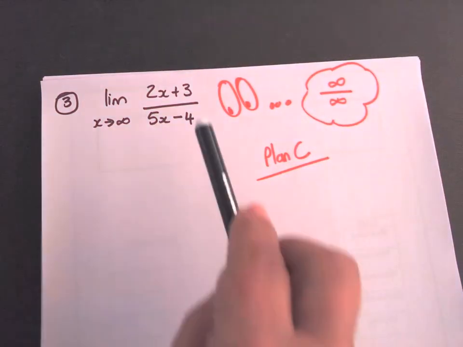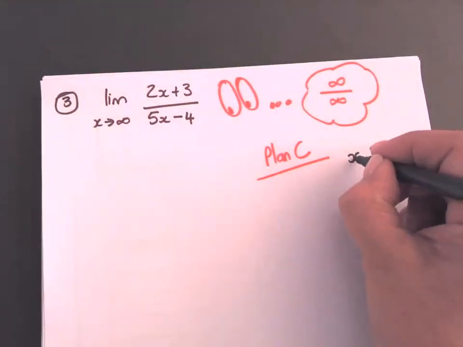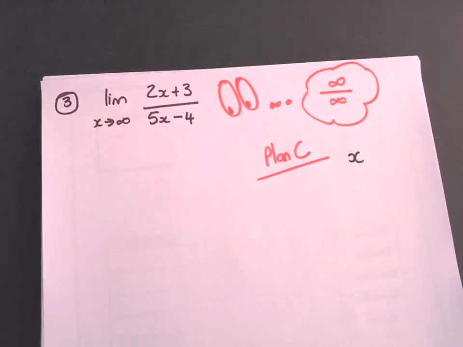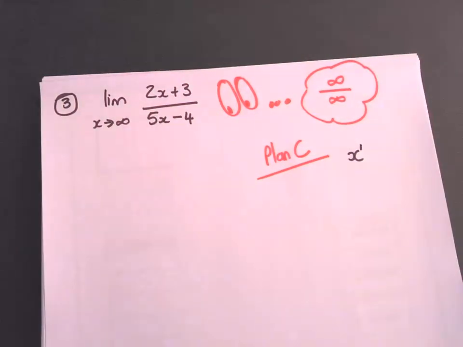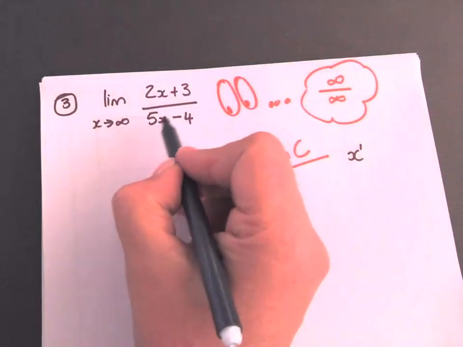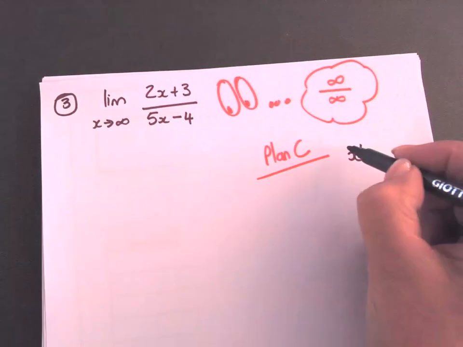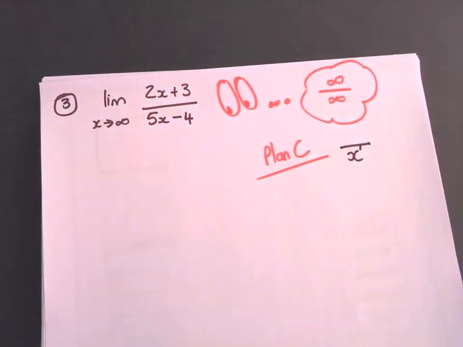What is the variable in this sum? X. And you take the highest power of this x. What is that? 1. And now I'm going to divide each term in the numerator and in the denominator with x to the power of 1.